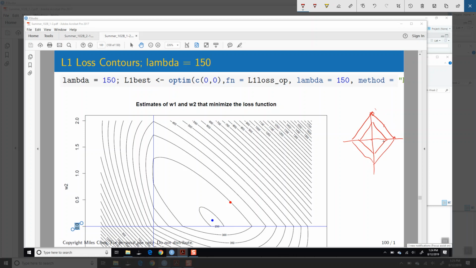And vice versa. It has the same amount of penalty as 1, negative 1, as 0, negative 2, as negative 1, negative 1, and negative 2, 0, okay? So you get this diamond shape where you're adding the absolute values.